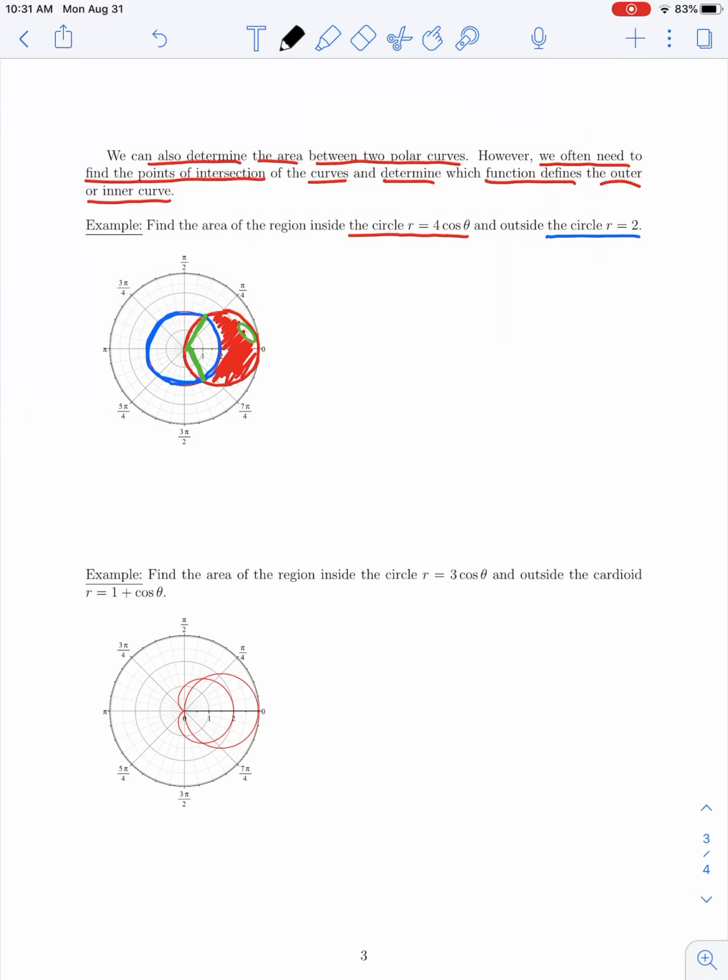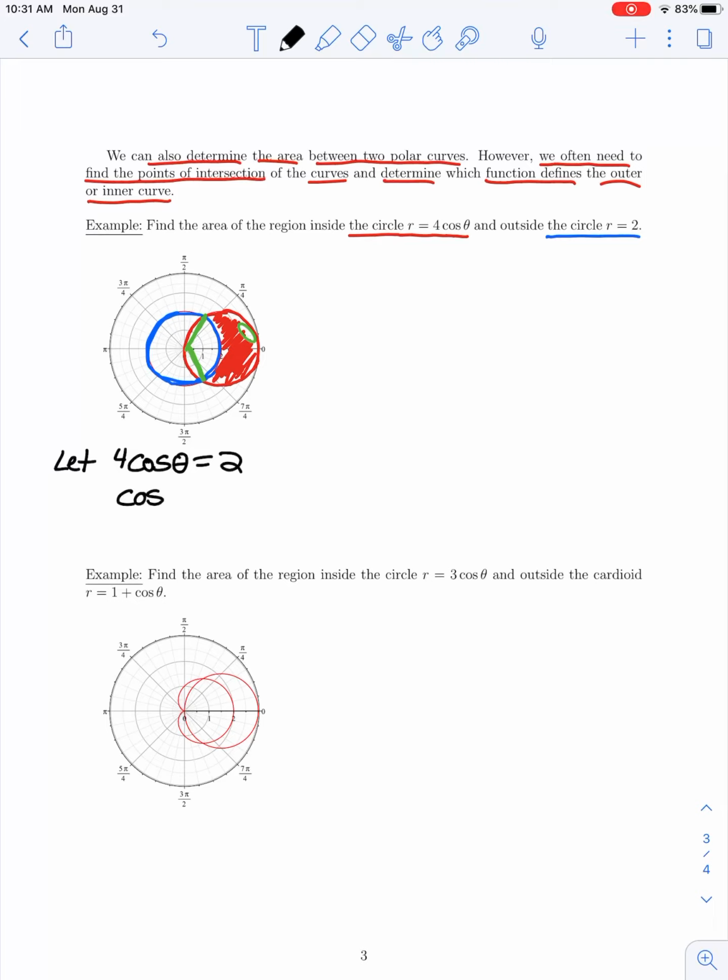So we need to find where these guys intersect, and to do that, we're going to set these values of r equal to one another. That is, r, which was 4 cosine theta, will be set equal to r, which was 2.